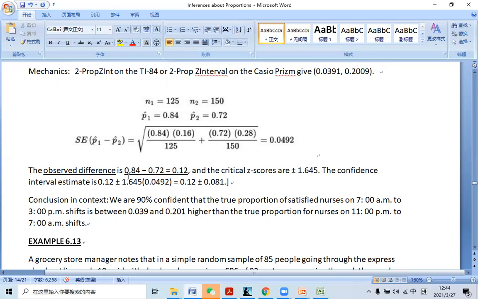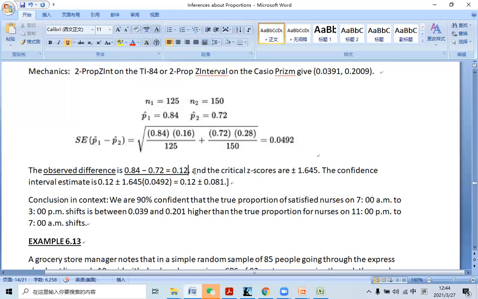The estimate for the population you can get is the same as the sample. Your estimate for the proportions between the two populations in the entire hospital is the same as here, 0.12, 12%. That is your best guess.